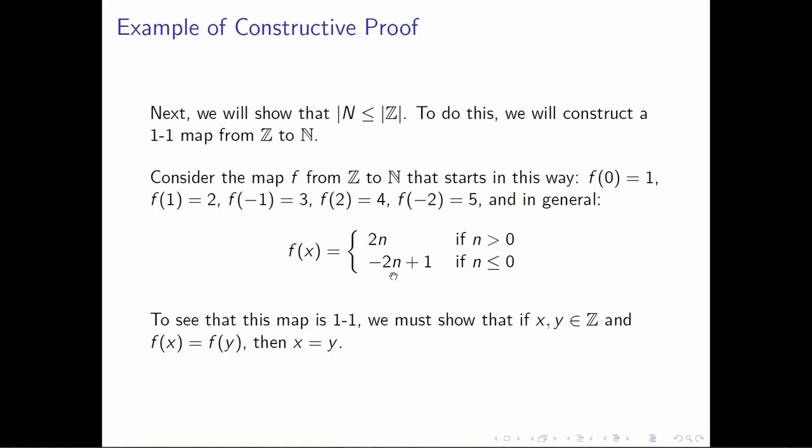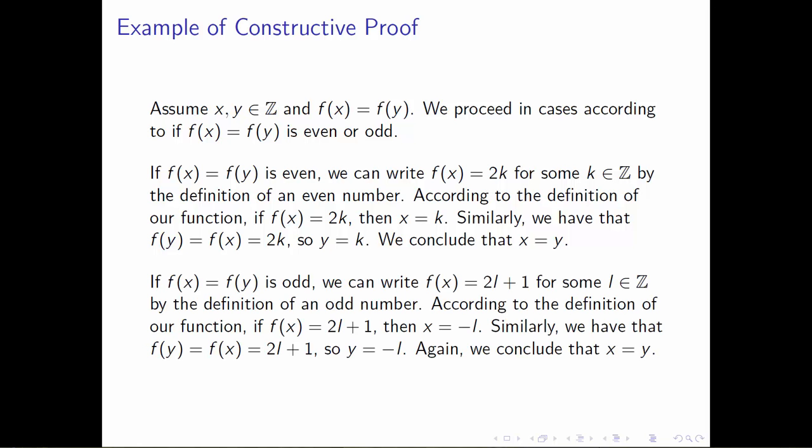So if I'm writing an odd number as 2l plus 1, then I'm taking this minus sign and attributing it now to this letter instead. So, staring at the definition of our function, if f of x is 2l plus 1, then the x we plugged in order to get 2l plus 1 must be minus l.